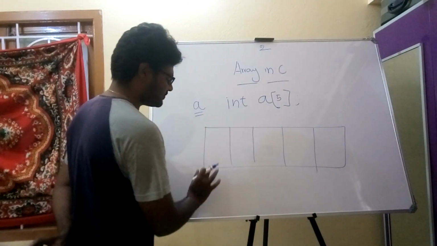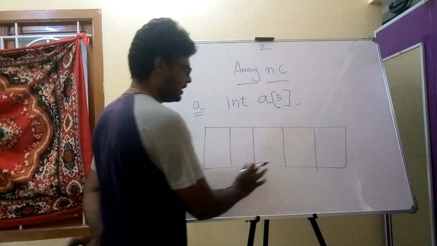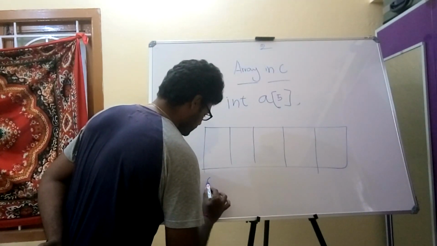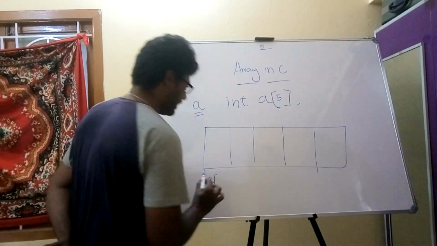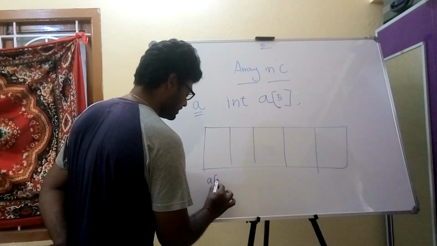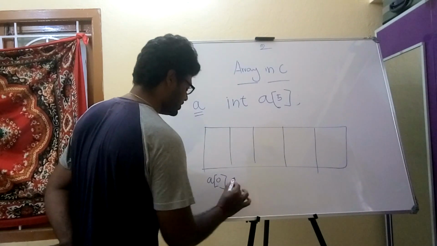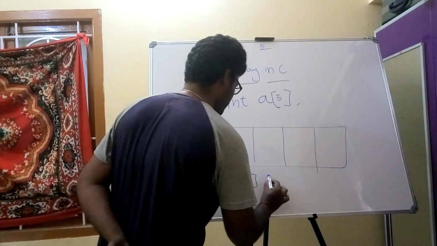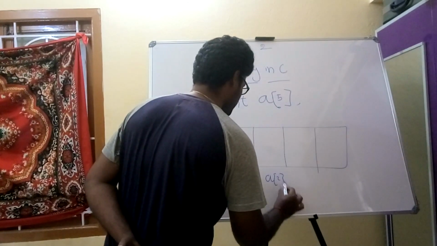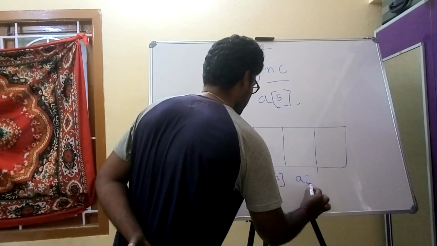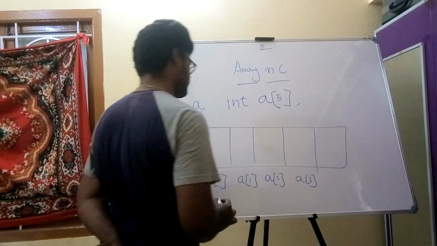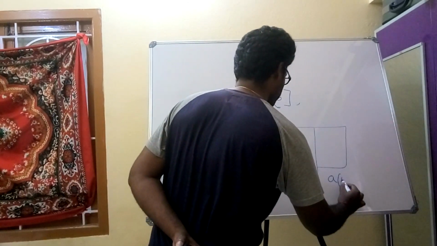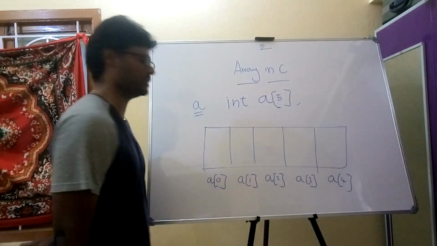We can refer to the first location by A of 0, and A of 1 is the second location, A of 2 is the third location, A of 3 is the fourth location, A of 4 is the fifth location.